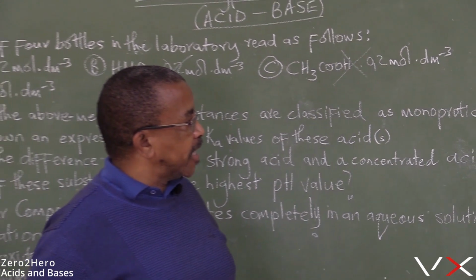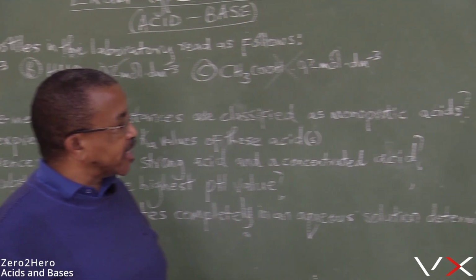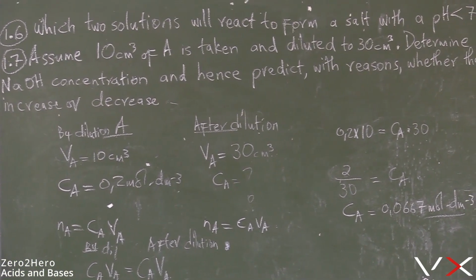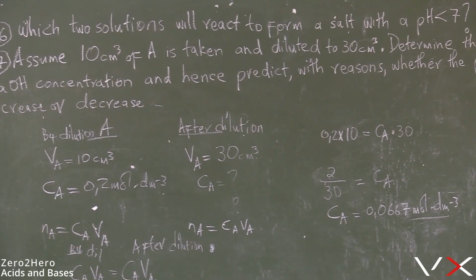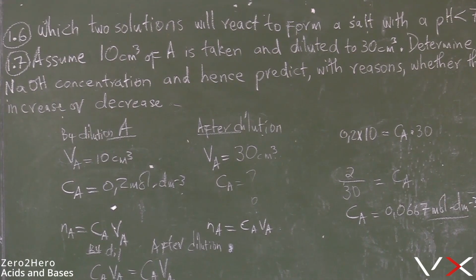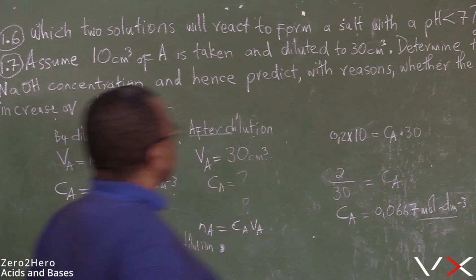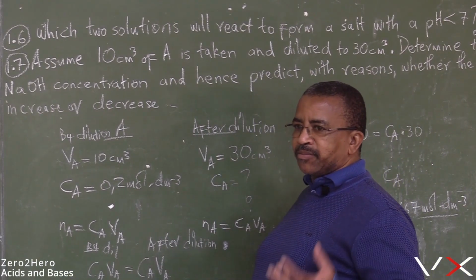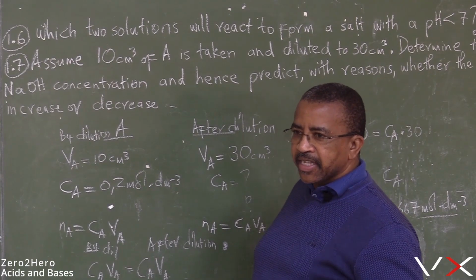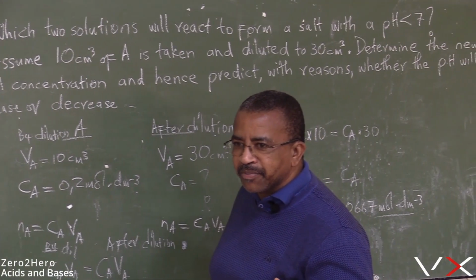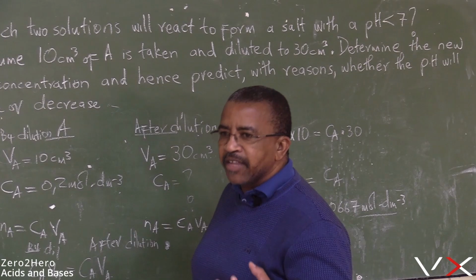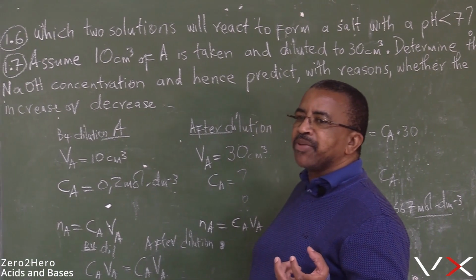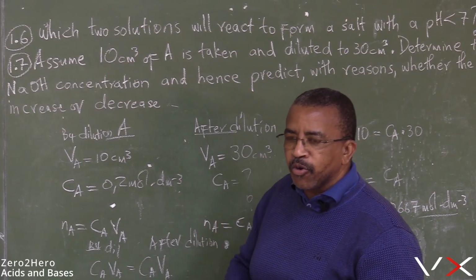Then, hence predict with reason whether the pH will increase or decrease. If the concentration of sodium hydroxide becomes less, it means less OH minus is formed, so the pH will go down.